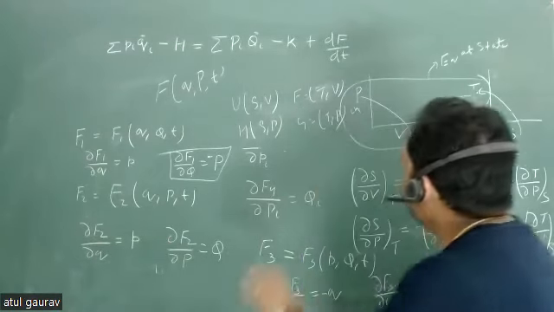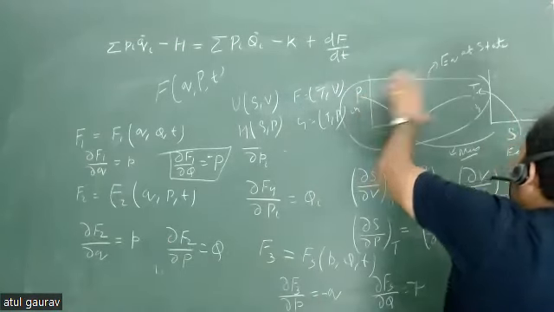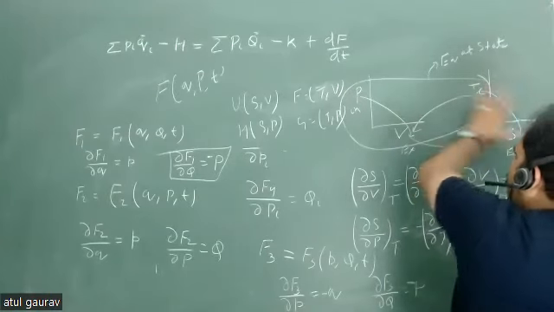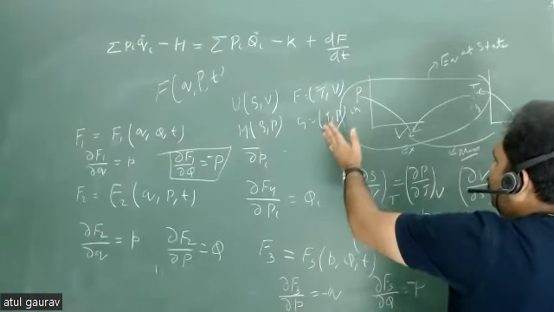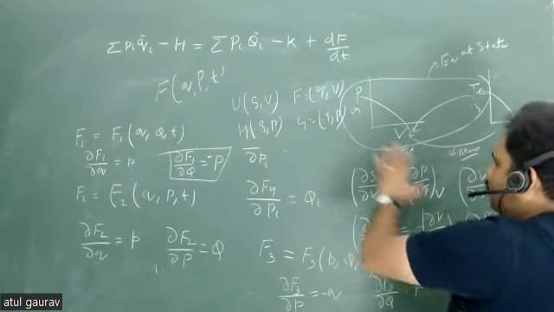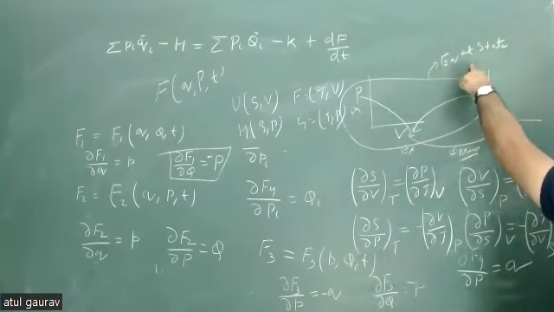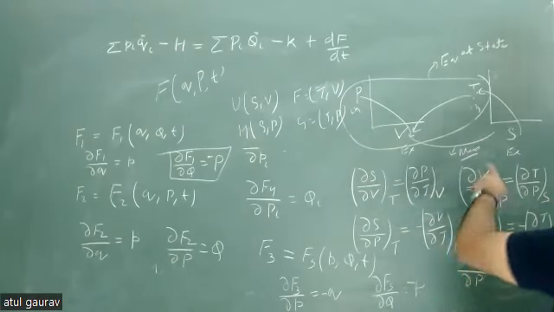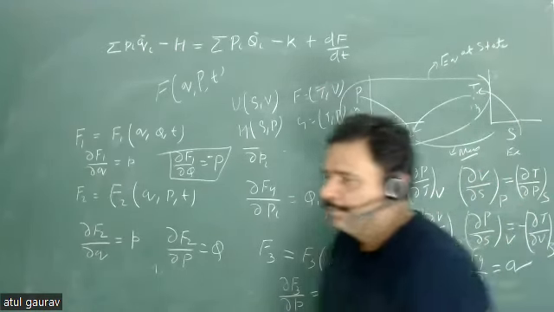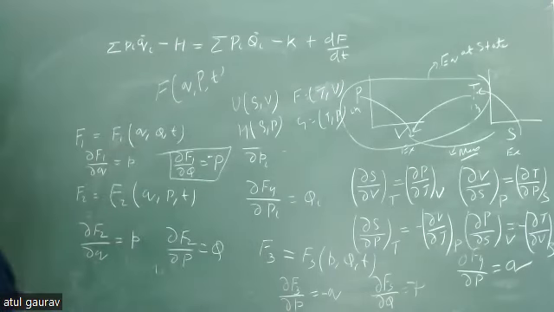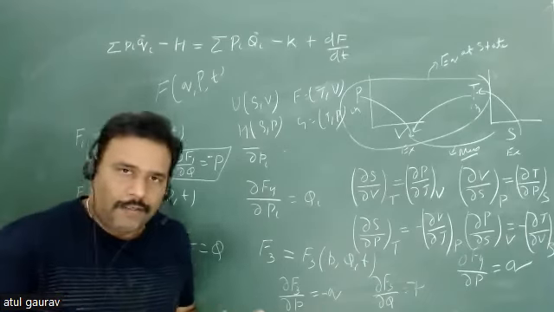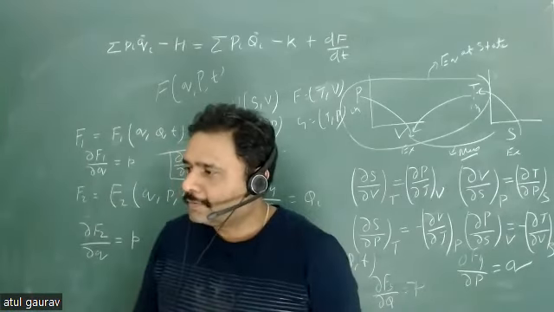You have pressure and volume, and then you have entropy and temperature. You can convert from here to here, and from here to here. And these four Maxwell relations will make your life easy because you can use the equation of state to find this particular thing. Are you people happy? Yes, sir.